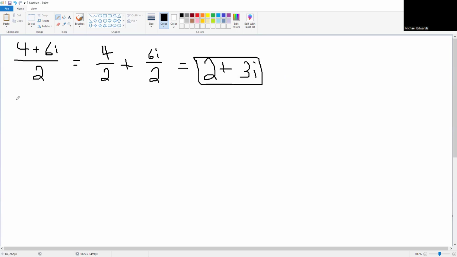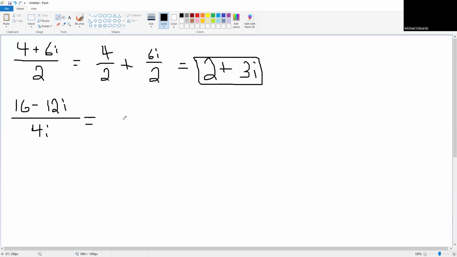And now let's do 16 minus 12i over 4i. We can rewrite it if we wanted to like we did above, or we can move some i's out from it and do it that way.